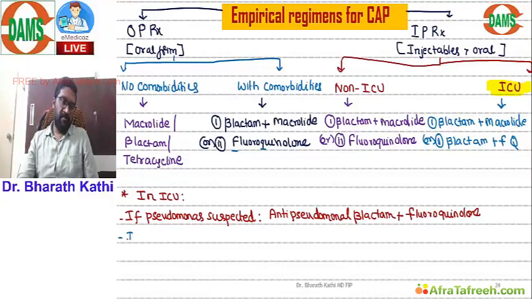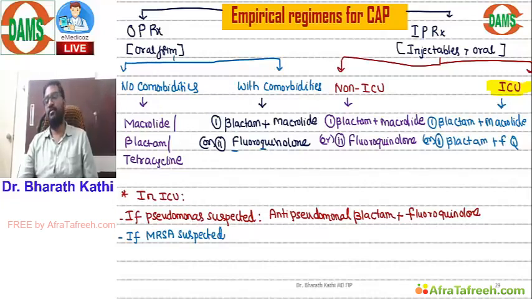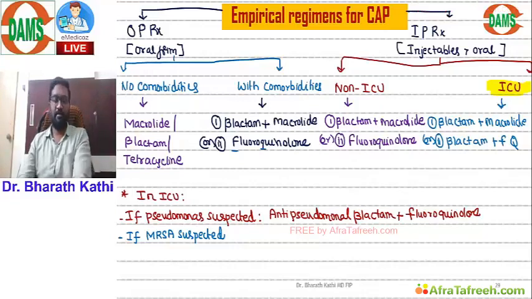Now by chance, if community acquired MRSA is suspected, now this patient was with severe community acquired pneumonia in the ICU. During your rounds you have found out this fellow is a chronic IV drug user. So in such situation, you may need to suspect it is methicillin resistant Staph aureus.